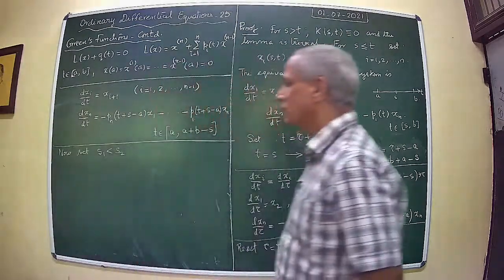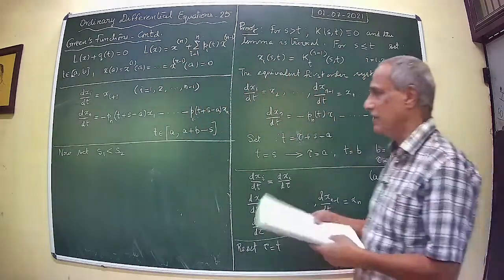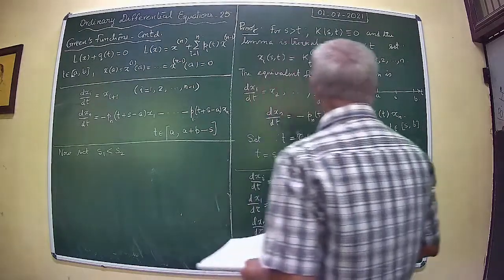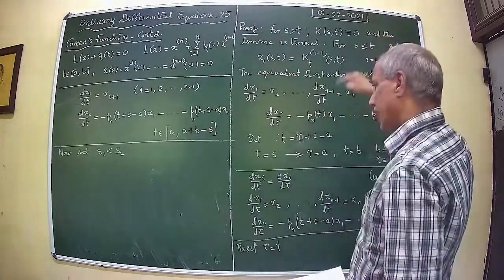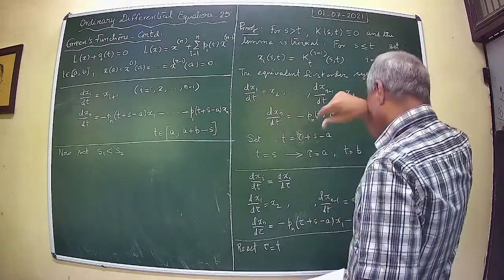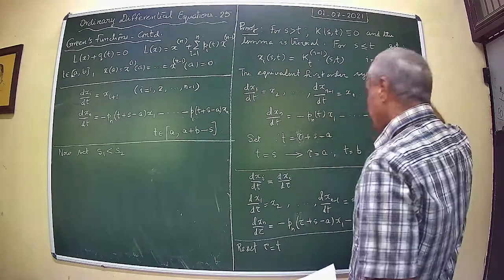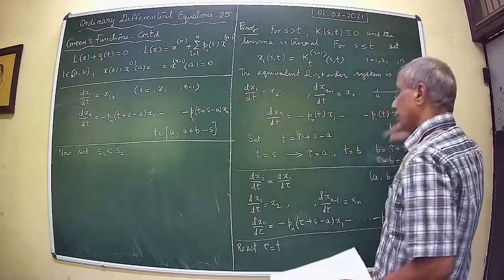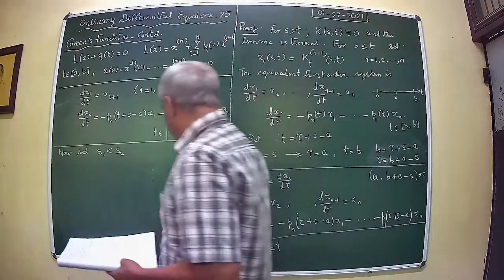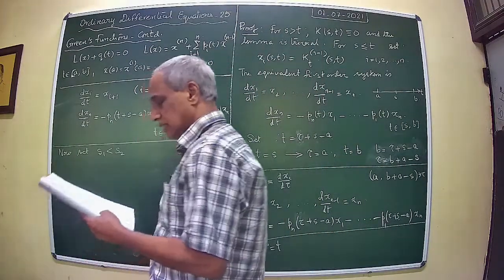What happens with respect to S? Can you say the same thing? Because see, we have got K(S,T) defined not only for a particular S, but for all S belonging to the interval AB. So we want to study the continuity of that on this interval.